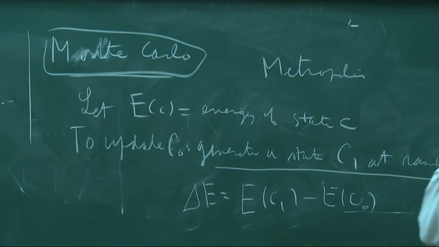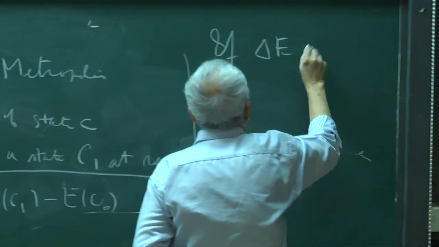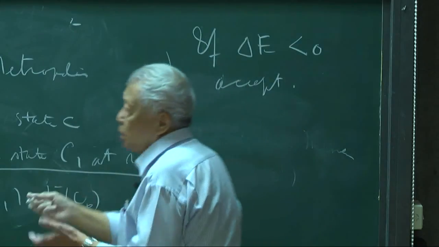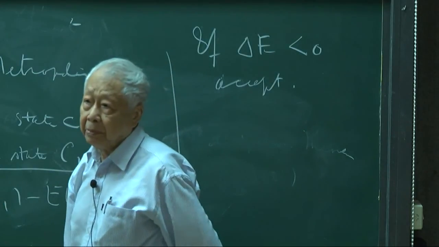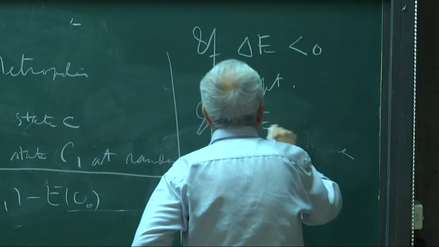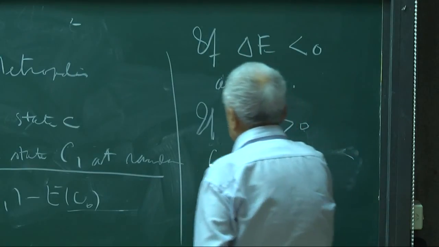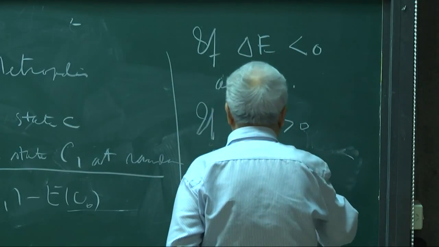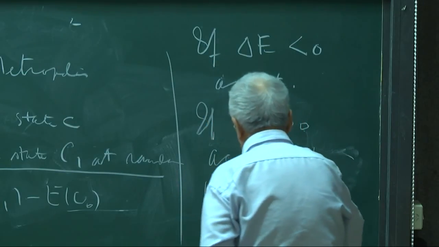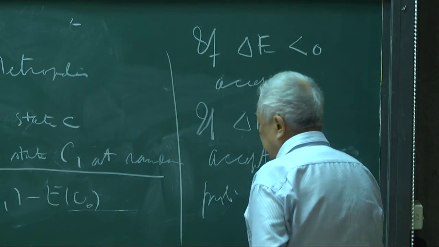The algorithm is: if delta E is less than 0, accept. If it lowers the energy, you accept it. That's very natural, right? The crucial thing is that if delta E is greater than 0, you still accept it. That's the crucial point. You accept with probability e to the minus delta E, the Boltzmann factor.